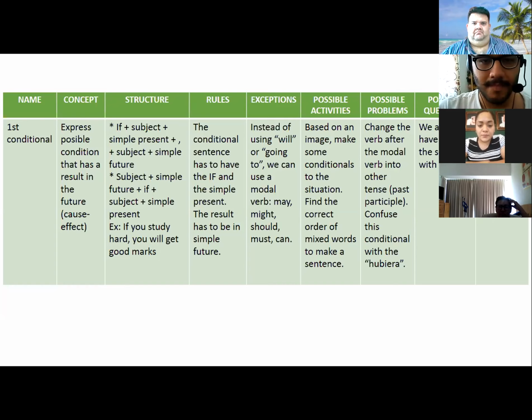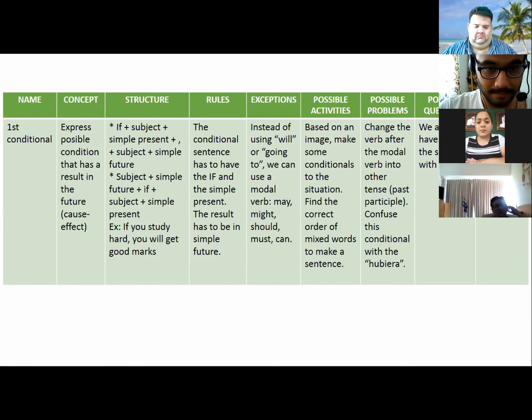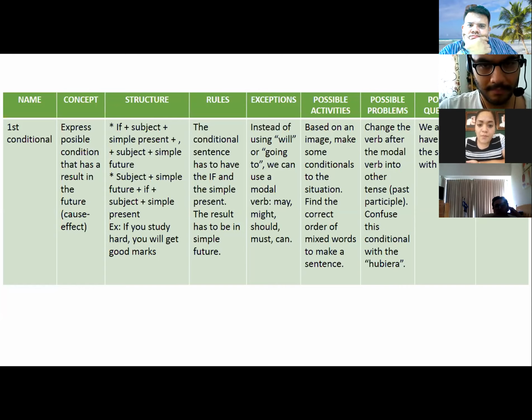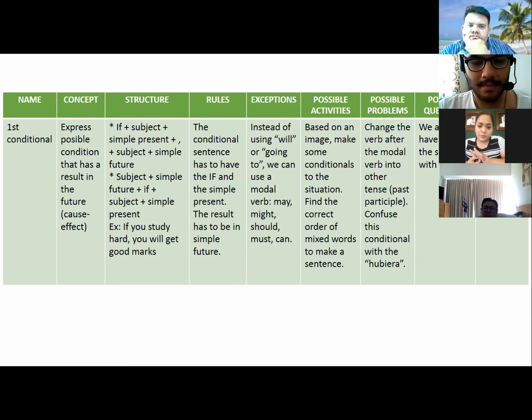Some problems are that if they use a modal verb, they can change the tense of the verb after it. For example, they can use past participle or simple past. Or they can confuse this conditional with the past one, thinking about the past instead of the present.